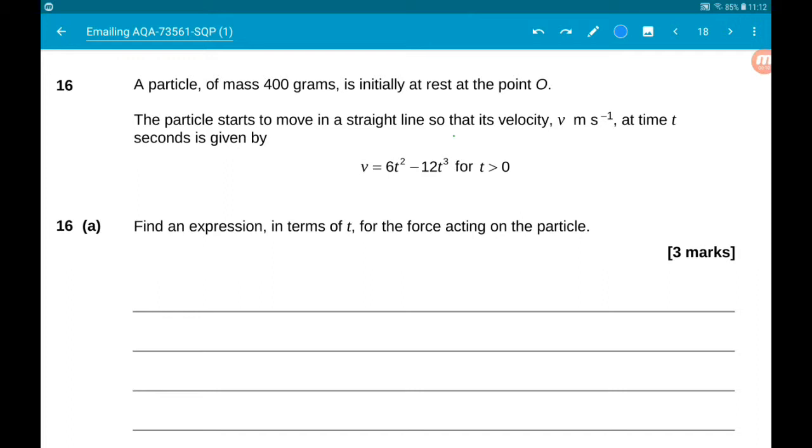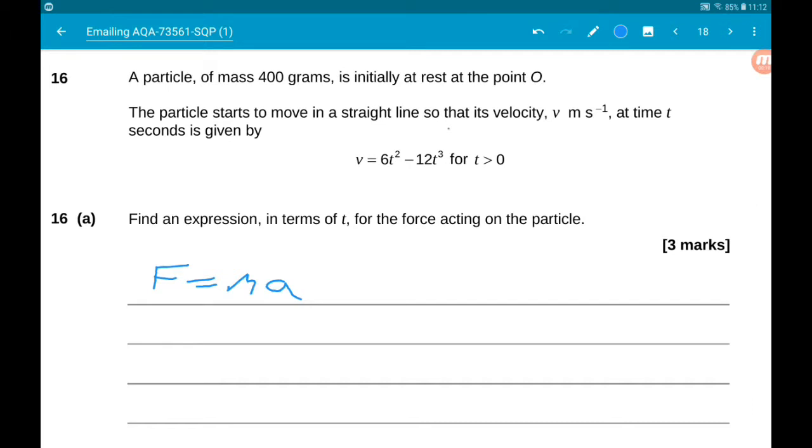So, force is mass times acceleration. Now, acceleration is the rate of change of velocity over time. So it's dv by dt.